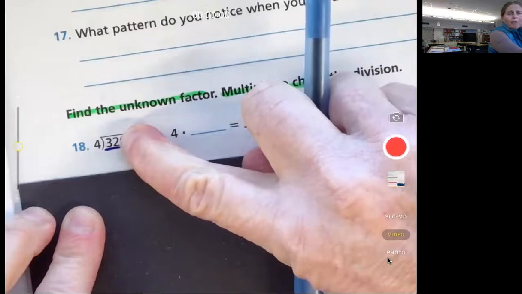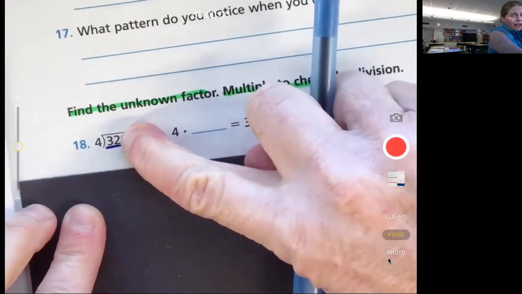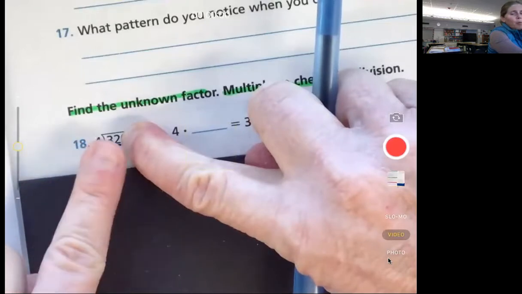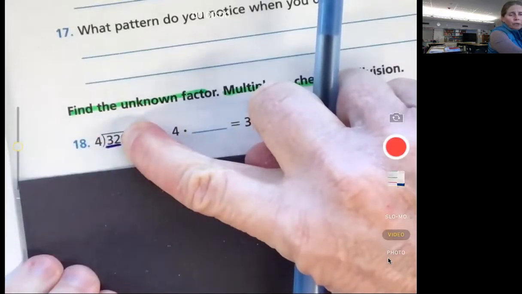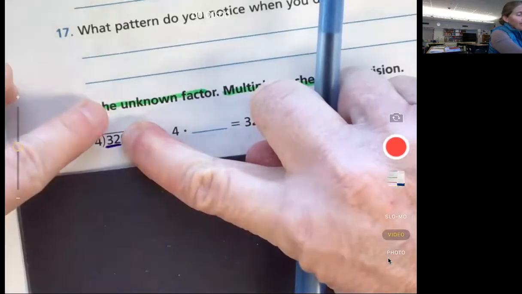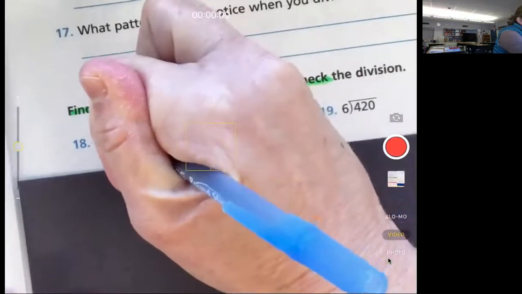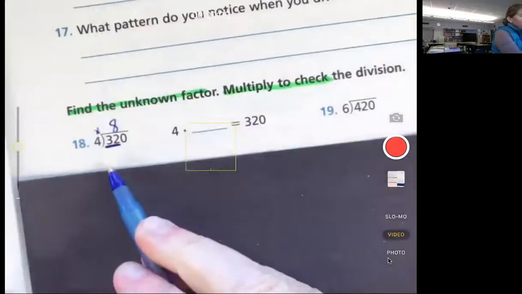You guys were doing fantastically with this yesterday. I'm thinking in my mind, 4 times what equals 32 or gets me very close. That's the missing factor that I'm trying to think of. Think of that.